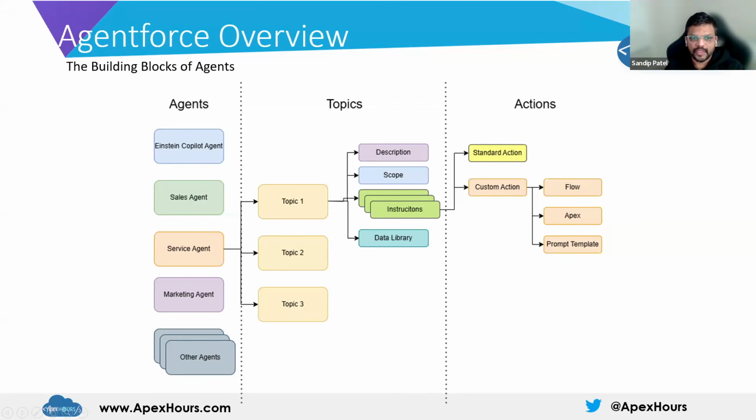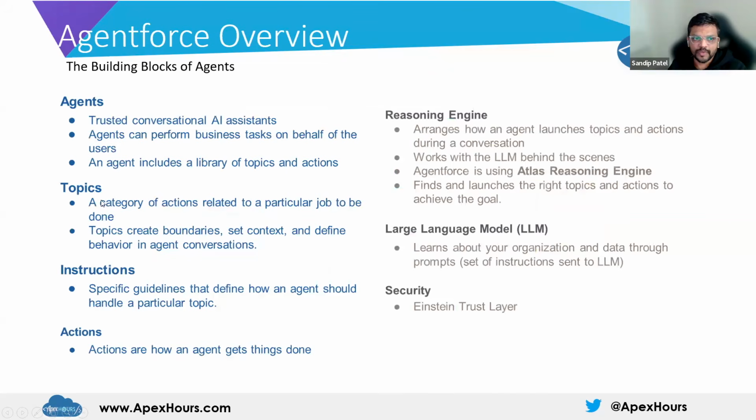All of these agents are directly connected with the topics. If you consider the service agent or sales agent, it will have multiple topics inside it. A topic is, again, if we go back to this slide, a category of actions related to a particular job.